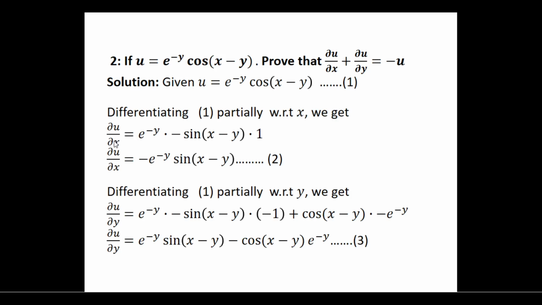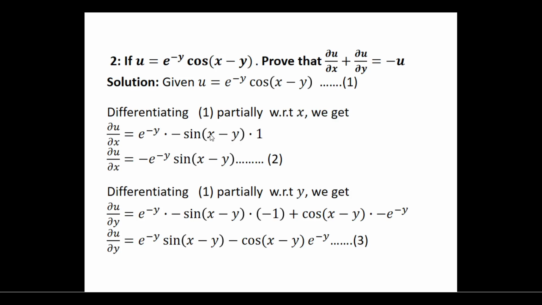You will get ∂u/∂x. Since we are differentiating with respect to x, y is constant. Therefore, this function becomes constant. Keep it as it is. Now differentiate cos(x - y). What is the differentiation of cos? It's minus sin(x - y) times the differentiation of x - y with respect to x.